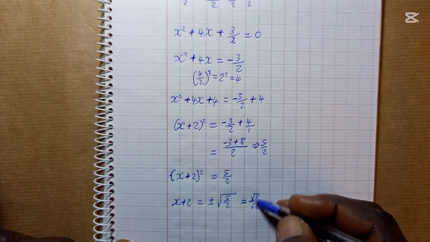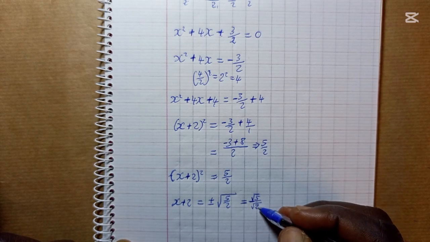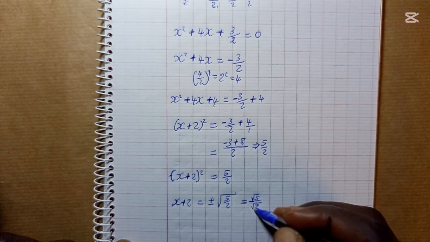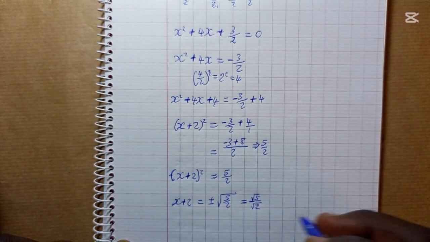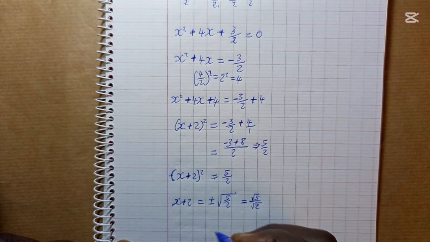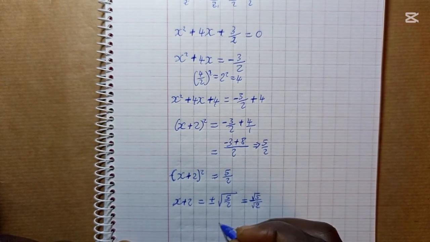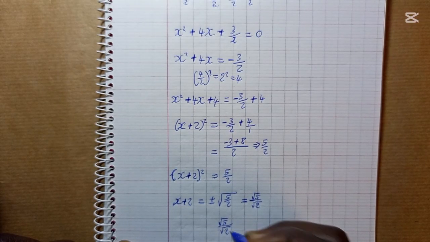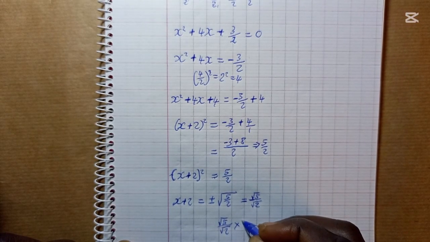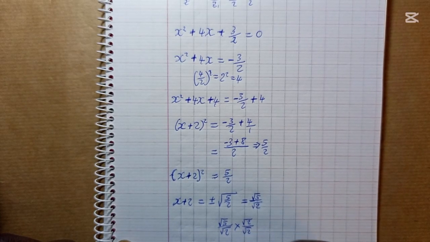And remember, under surds, in rationalization of surds, we multiply both the numerator and the denominator by the denominator here, which is root 2. So we're going to do it as root 5 over root 2 times root 2 over root 2.